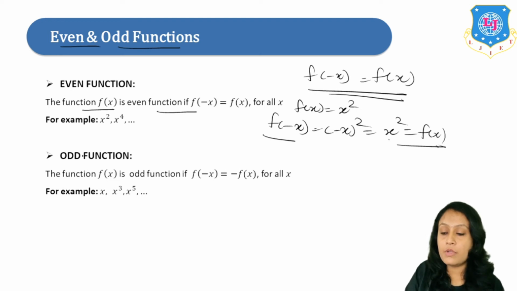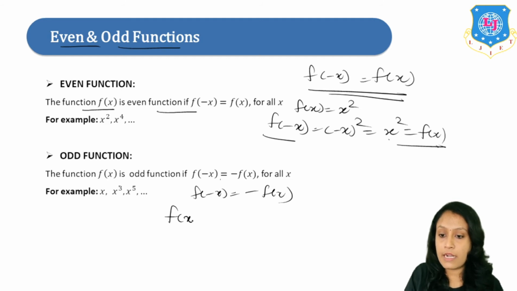Now let's study odd functions. The function f(x) is an odd function if f(-x) is equal to -f(x). So if we are getting a minus sign outside, this will become an odd function. Let's consider f(x) as x cube. In place of x, substitute -x, so this is (-x) cube.